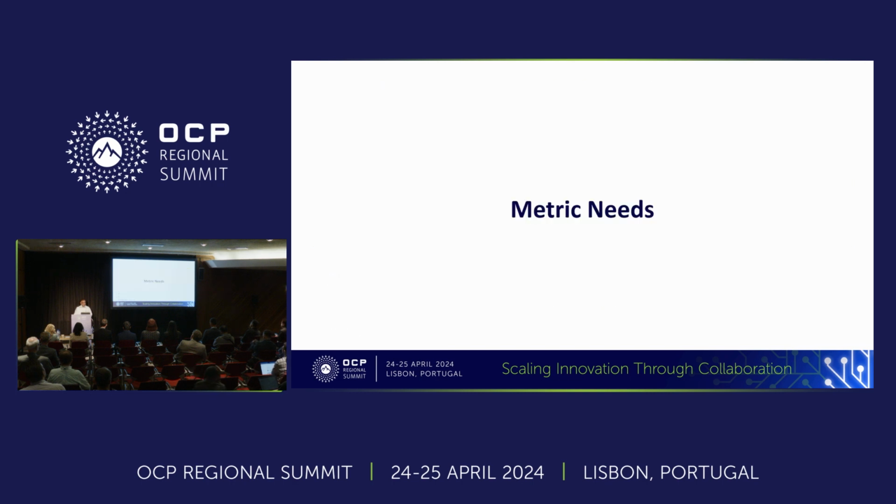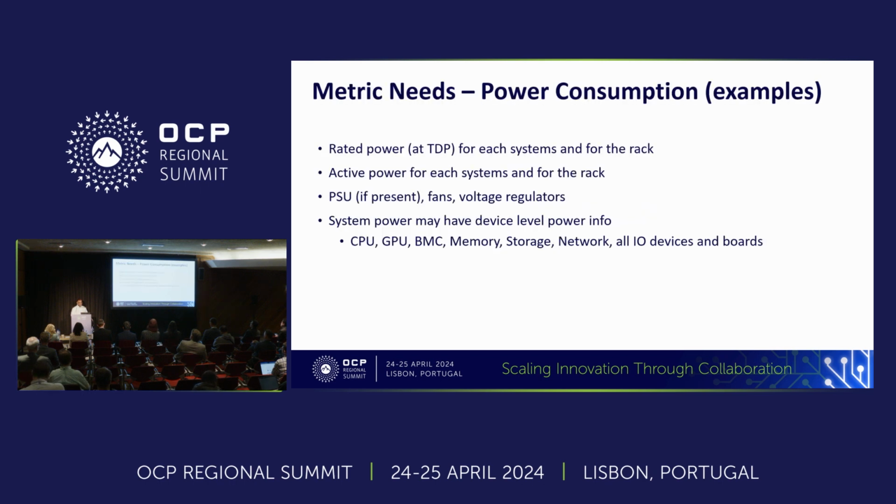And then when you are really looking at the metrics you need, for each one you need to look into how you are going to produce it. If you are looking at power, you have a total system power that you should be able to represent. Also, you need to figure out how much power is lost in the different power supplies. You could have a smart power supply that gives you input voltage or input power versus output power, so you can figure out the loss.